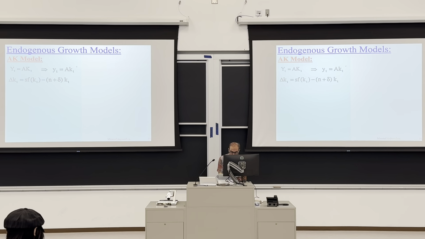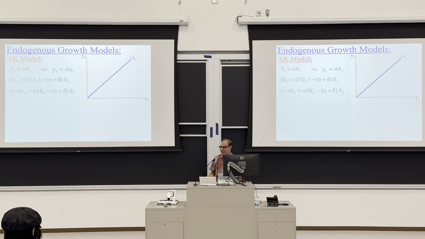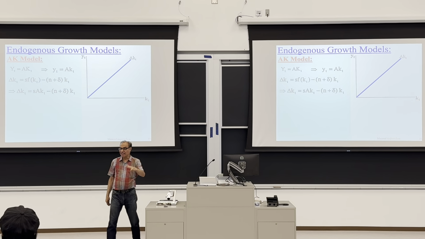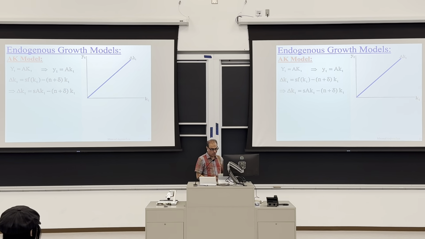So let me plug this here. Okay, so I get this. And then I told you to draw the graph. Look at that. You see here? Here, the production function is not concave anymore. It's linear. It's a line, this part, AK.